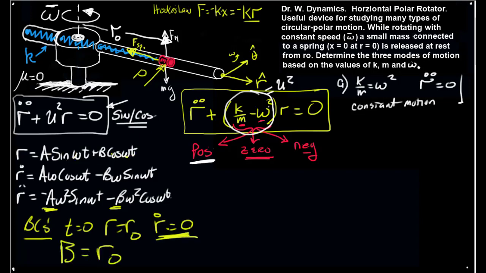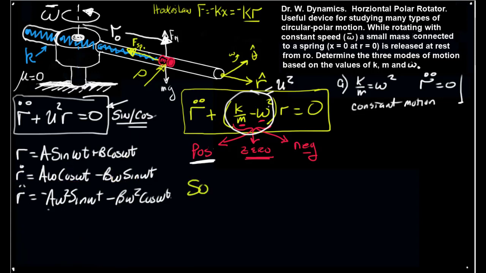If we plug this into the velocity equation, sine of 0 is 0, cosine of 0 is 1, R dot was 0, we find that A is 0. So with that, we know our equation.